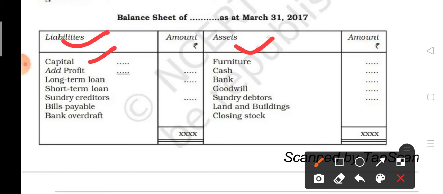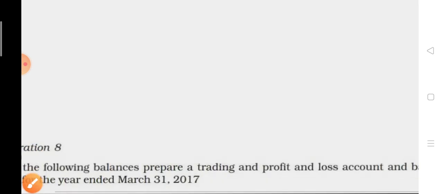The profit which comes in the profit and loss account, you have to add to the capital, and in case of loss you have to subtract. After that, if there is drawing, you have to subtract the drawing also. Then you write all the liabilities. When you total both sides, they will be equal. Always in the balance sheet the totals will be equal.